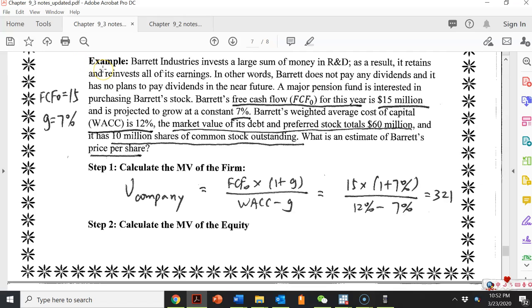For this second example, I would recommend you to pause the video now and read this example question on your own and try to work on this question by using 3 steps of the corporate valuation model to find the stock price per share. You can resume the video once you finish working on this question and we can discuss the solution together.